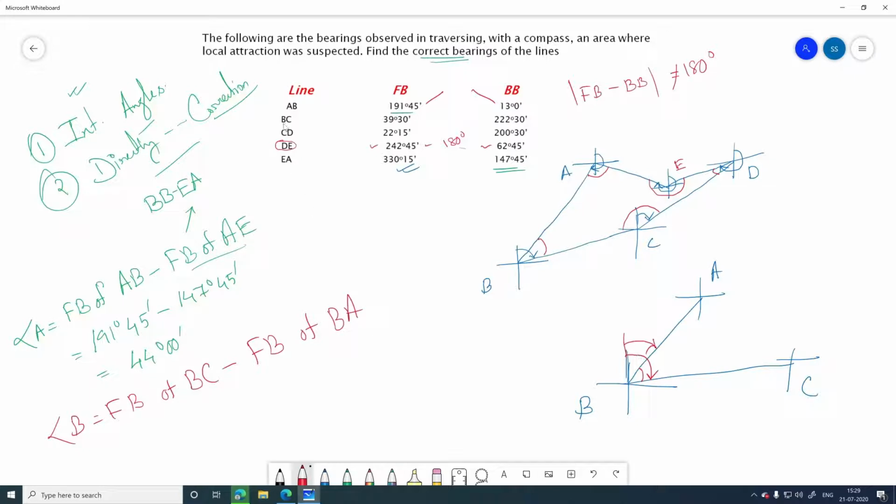The forward bearing of BA is not given, so we change it to the back bearing of AB, which is 13 degrees 0 minutes. The forward bearing of BC is 39 degrees 30 minutes. So the value is 26 degrees 30 minutes.